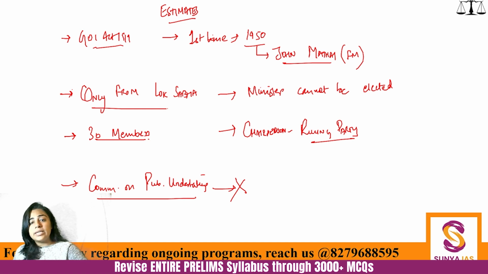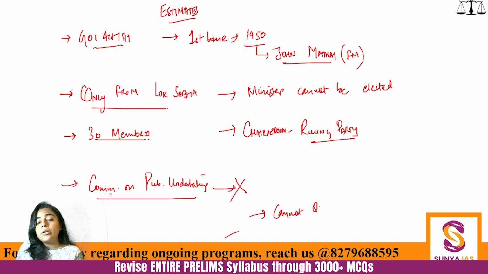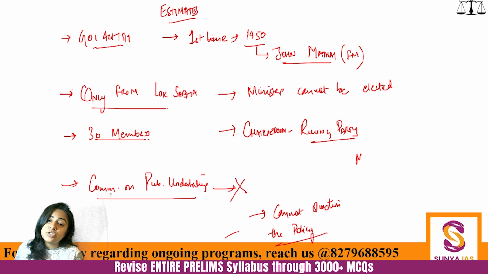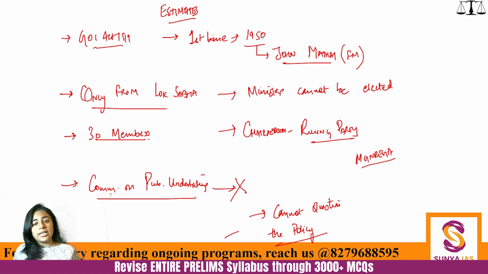Another very important thing is that the estimates committee or any other committee for that matter cannot question the policy itself. For example, MGNREGA is a scheme of the central government. The estimates committee will not say, why are you running MGNREGA? MGNREGA would be stopped.